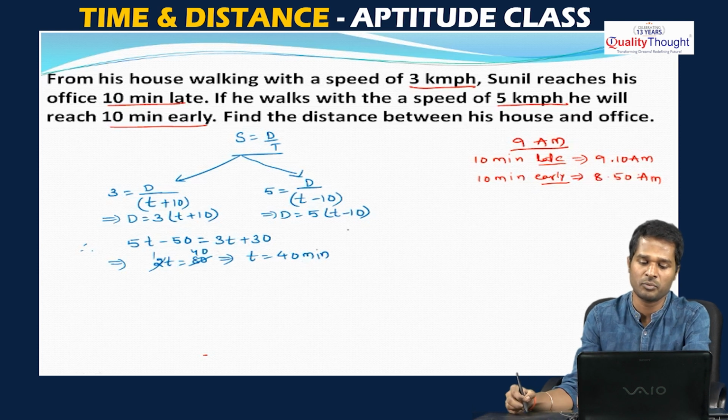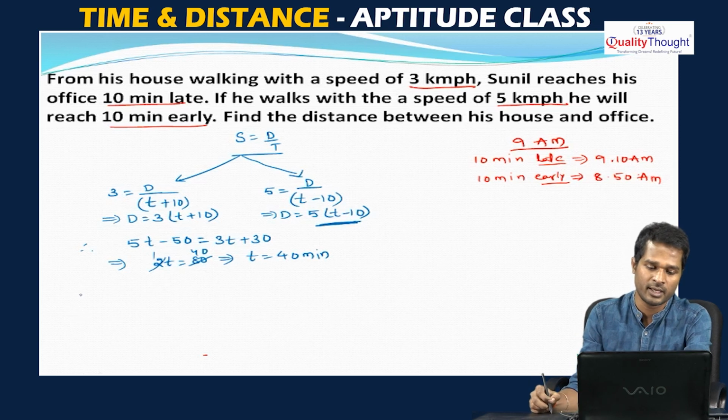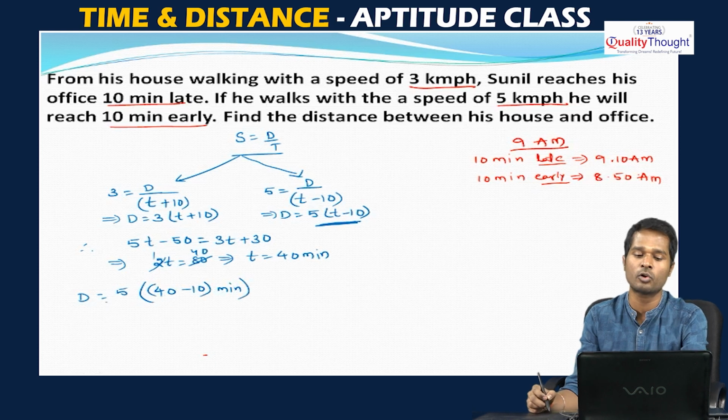Now take any one equation to find the distance. Let's write d is equal to 5 into t, which is 40 minutes, minus 10. This is completely in minutes, but this 5 is in kilometers per hour.